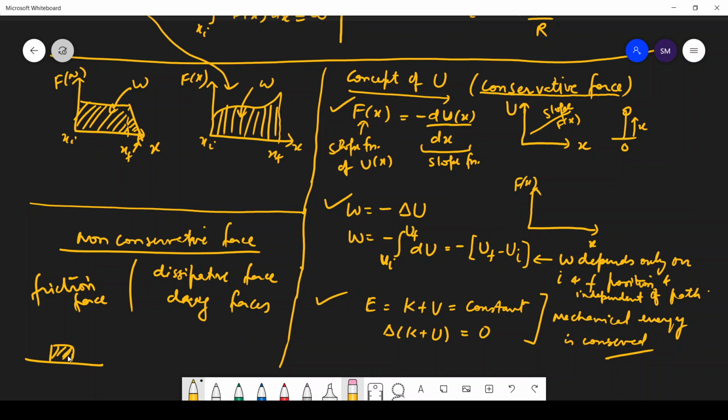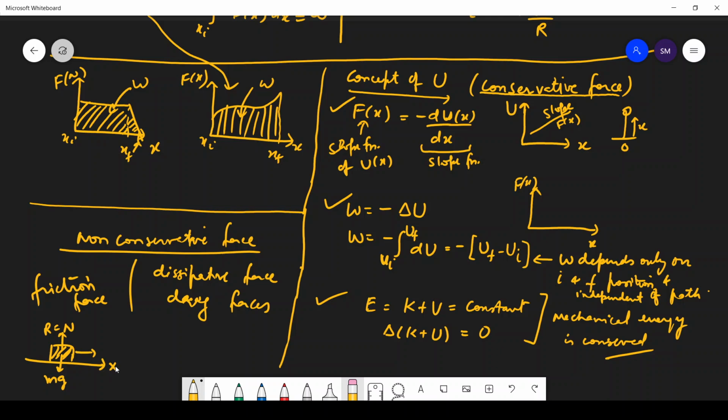If this is the object moving in this direction, obviously there is no movement in the y direction because it is moving along the x direction. So here this force is mg and this is the normal reaction, we write it as R or N. So what is the friction force here?